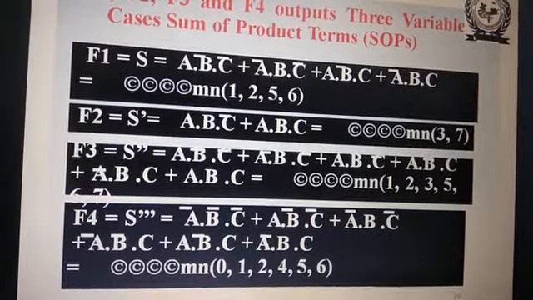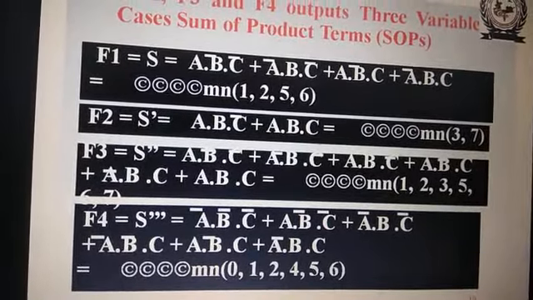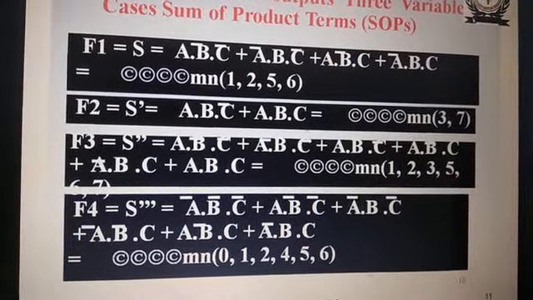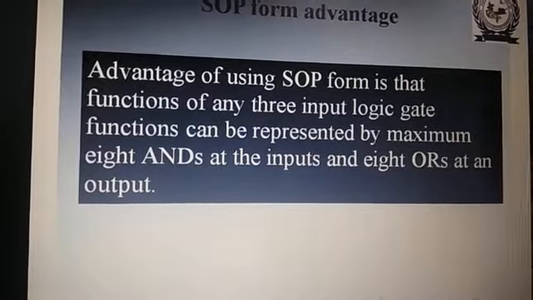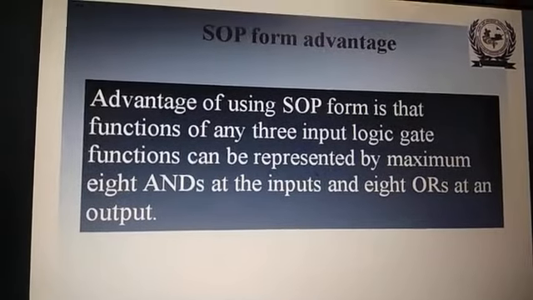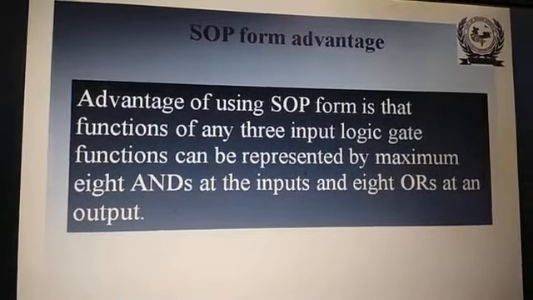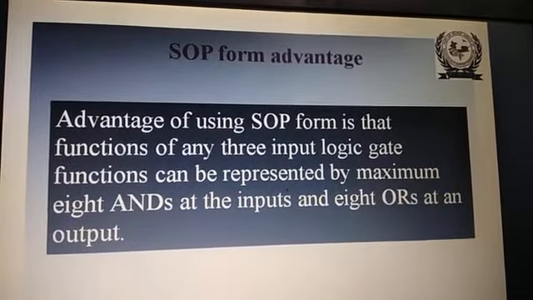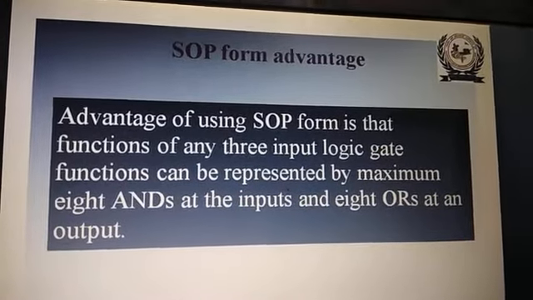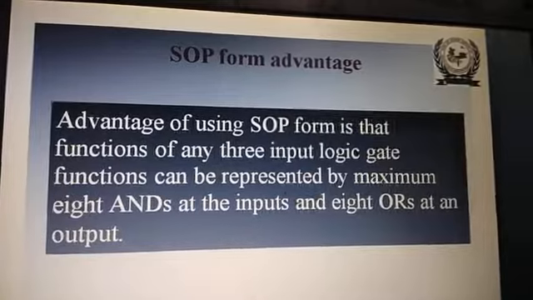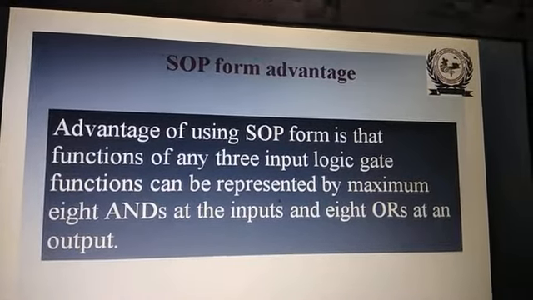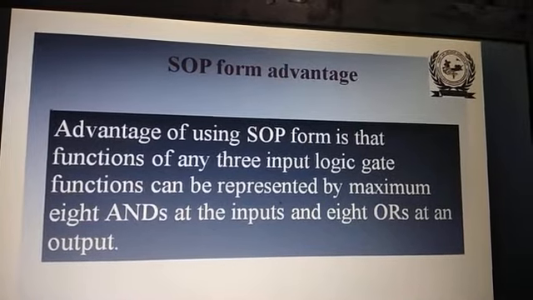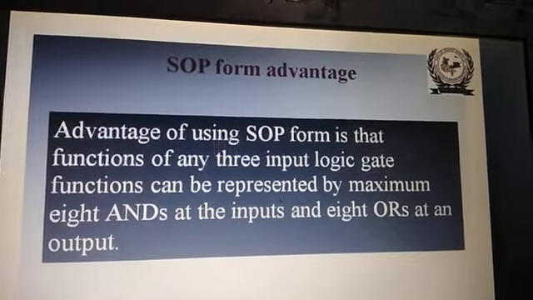These are the min terms, the product of the terms. Advantages of using SOP form is that functions of any 3 input logic gate functions can be represented by maximum 8 ANDs at the inputs and 8 ORs at the output.